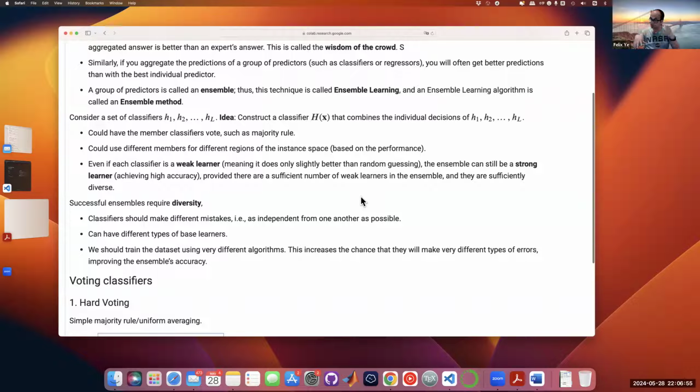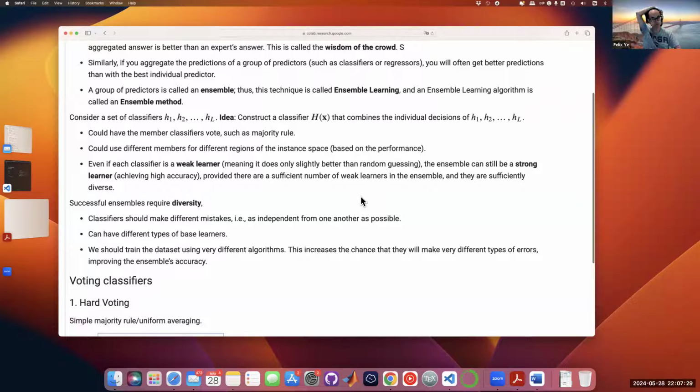But you can still take an ensemble of thousands of such classifiers and get a very strong learner. That means you can achieve very high accuracy if you have enough weak learners and they are sufficiently diverse. That is how you can ensemble weak learners to build a very strong learner.